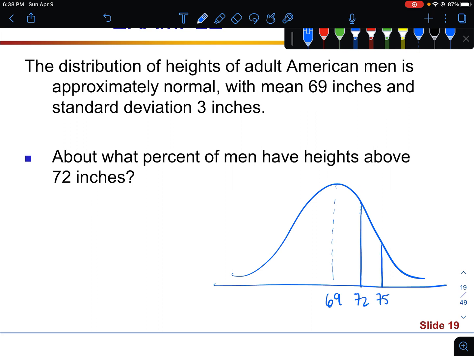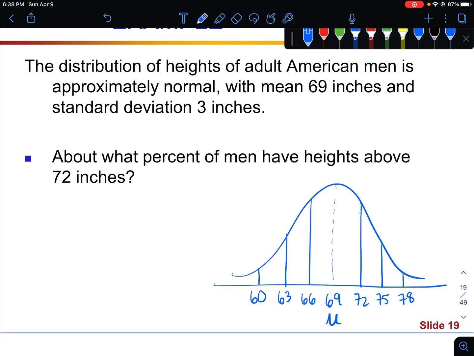Another standard deviation would be 75. And then lastly, adding 1 more standard deviation would be 78. Now we're going to go the opposite way. I'm going to subtract 3, so we get 66. Subtract 3, get 63. Subtract 3, get 60. And again, I'm going to mark this as our mu.